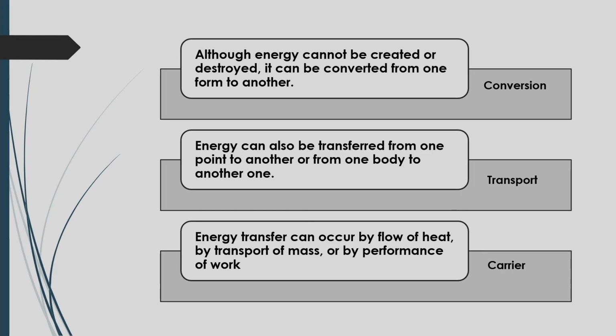Sometimes in the convective mode, if a fluid element is heated and is flowing with a certain velocity or at a certain flow rate, you will see that the mass of this fluid will be carrying that heat energy from one location to another location.